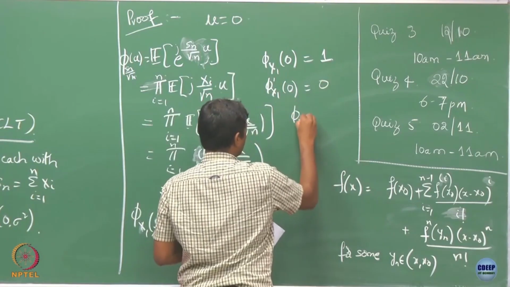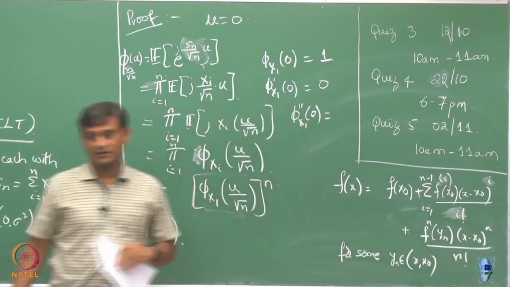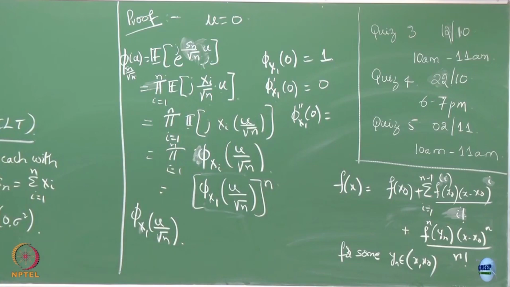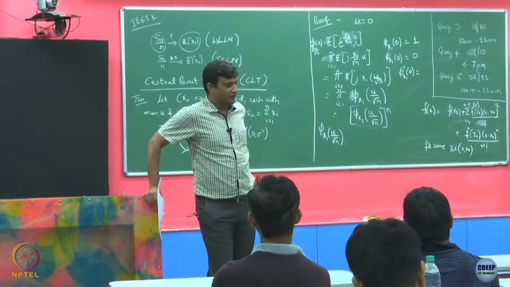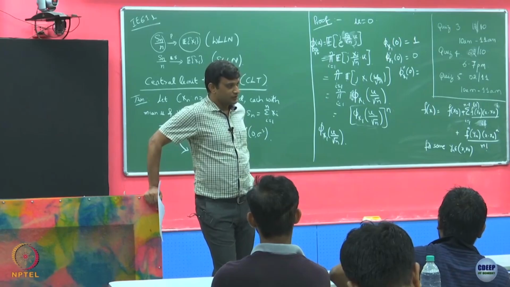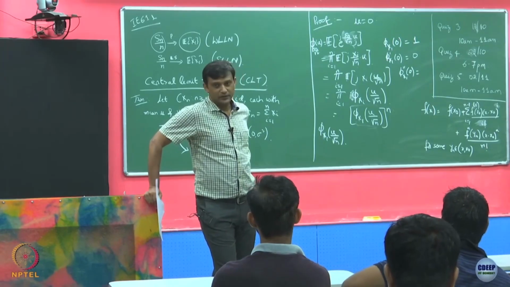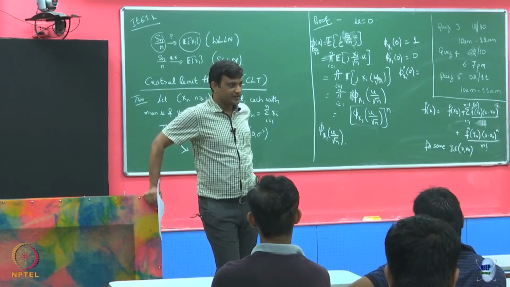And if I take the second derivative and put 0, what am I going to get? The expectation of x1 square, but in this case our mean is 0, so it is the variance, but with what sign? It is going to be with a negative sign, right? Just check it.